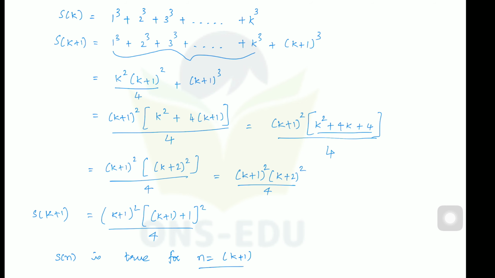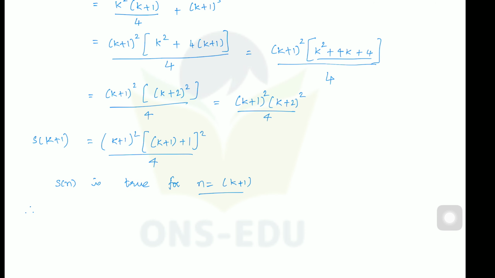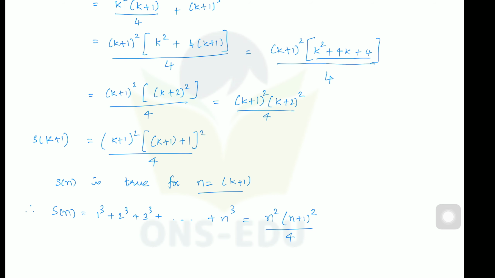Therefore, the sum of cubes of the first n natural numbers, S of n, up to n is nothing but n square times n plus 1 whole square by 4.